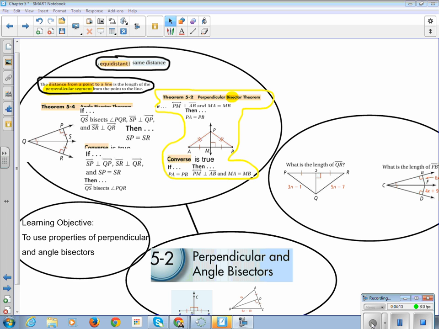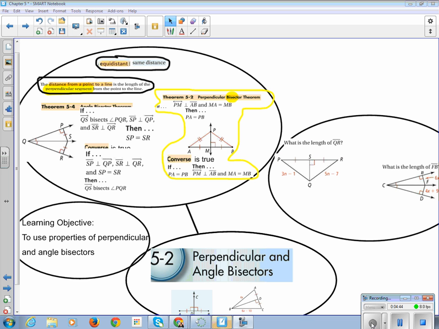All right, so let's do these two example problems. First one we're going to look at is this picture here. So make sure you have that picture on your paper so you can follow along. What is the length of QR? QR goes from here to here. The way we're going to find this length is we're going to set it equal, because we know that we have these conditions.